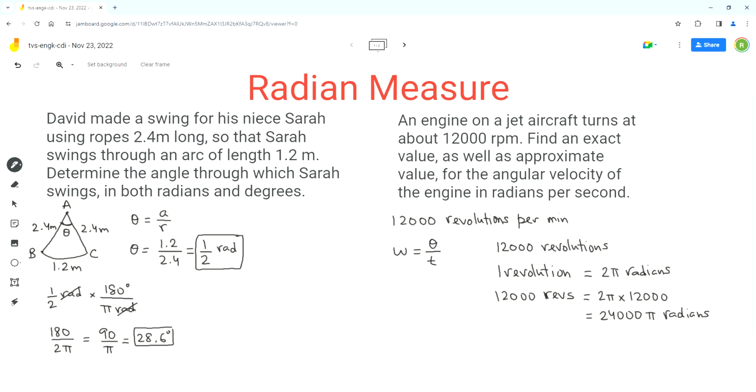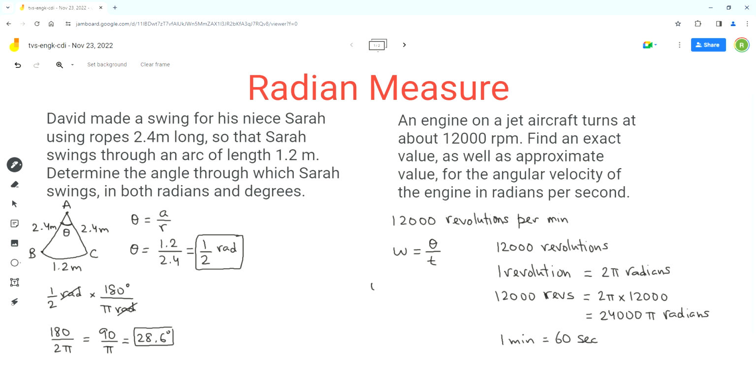Now these many radians are covered in 1 minute, and we know 1 minute is equivalent to 60 seconds. We want the unit of time to be in seconds because the unit of angular velocity should be radians per second.